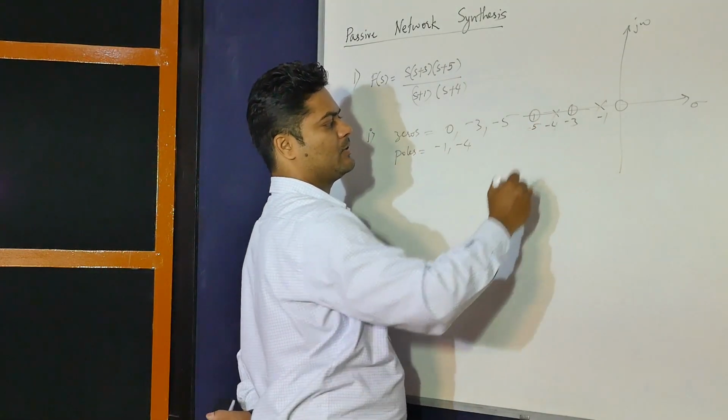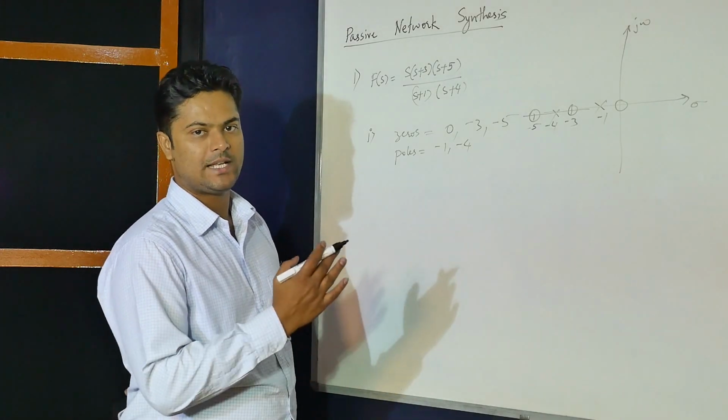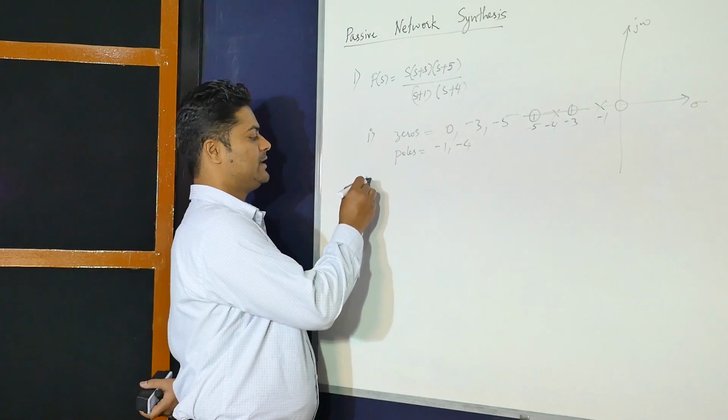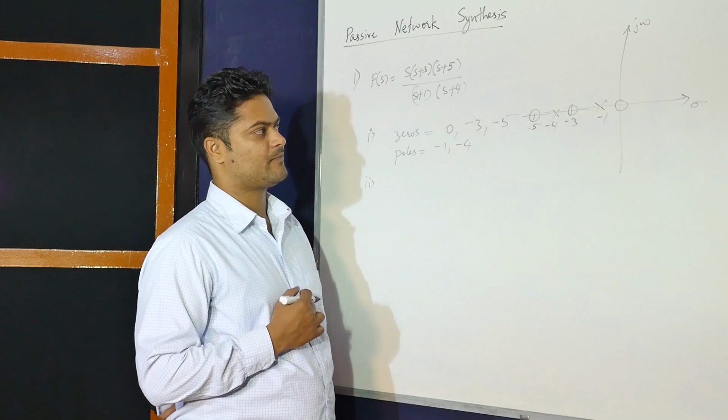If you see, all the roots lie on the left side of the S-plane, so the first condition is satisfied. The second, we would check whether the residue is real and positive or not.